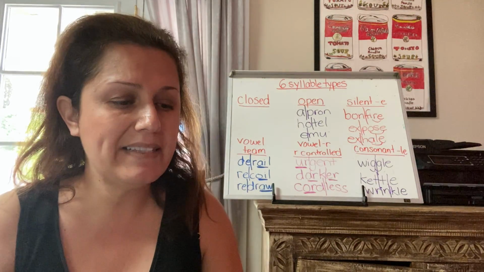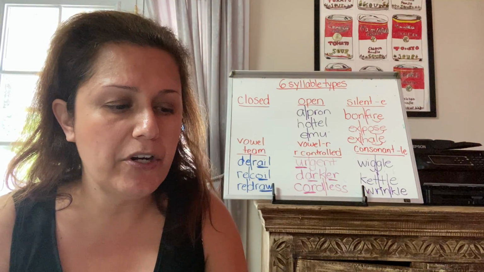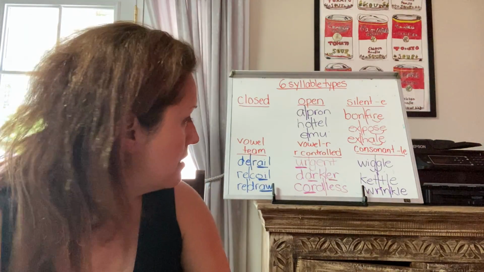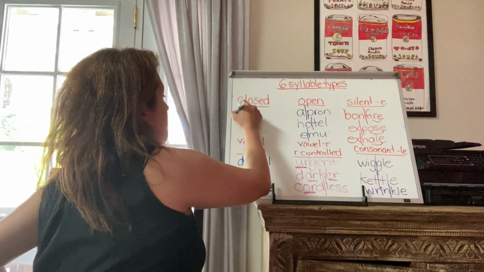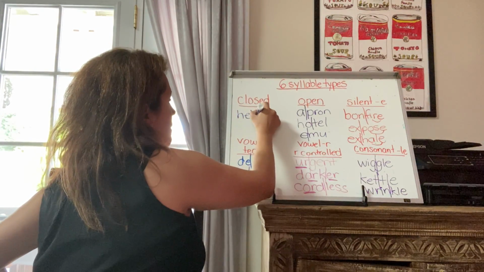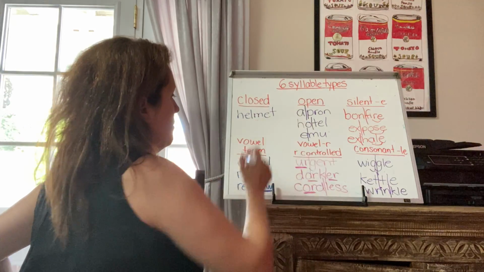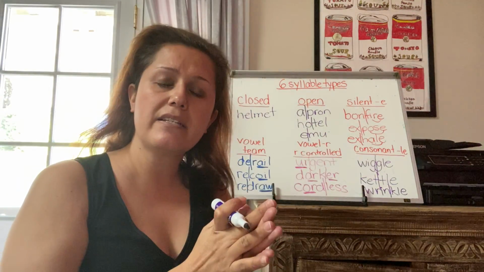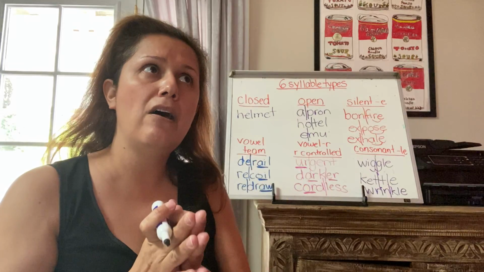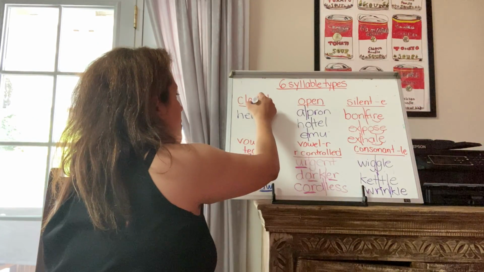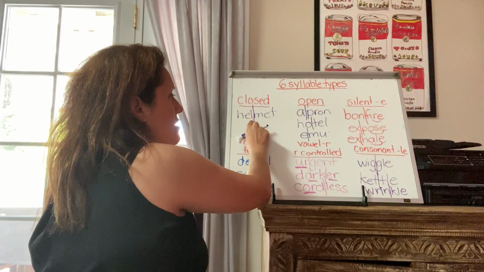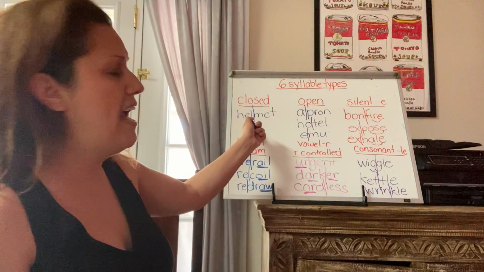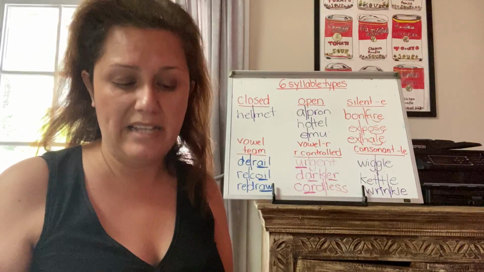So, for example, if I have the word helmet, helmet. So let me stop on the first one. So it stops on the L. And you can see it didn't stop on the vowel, it stopped on the consonant. And that's a short vowel sound.